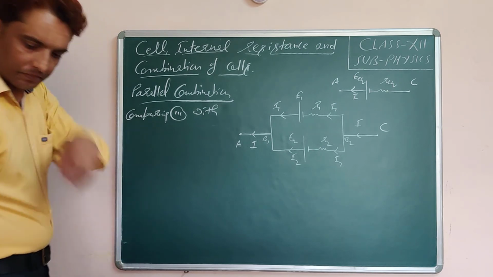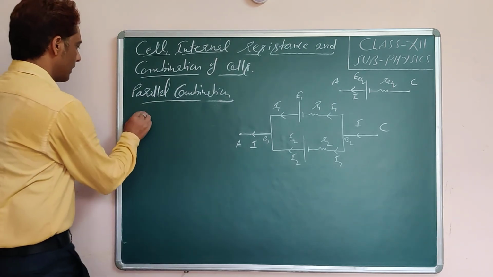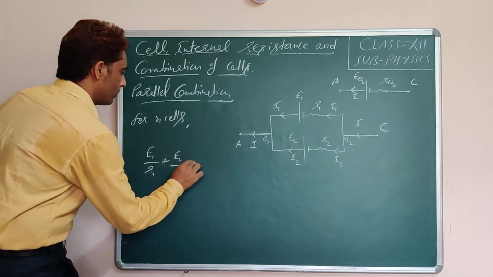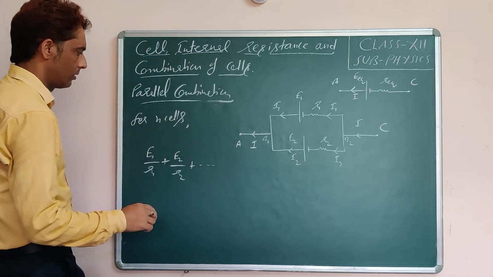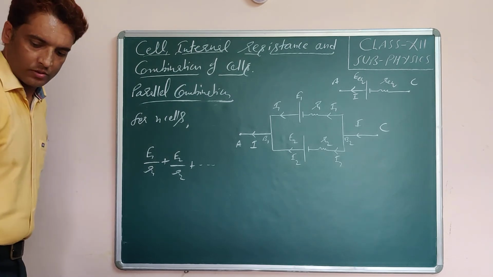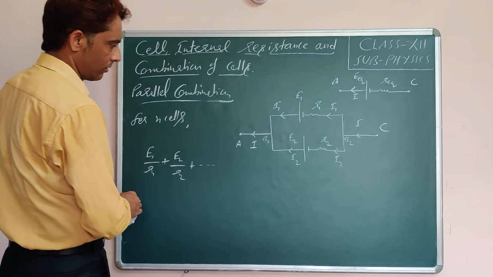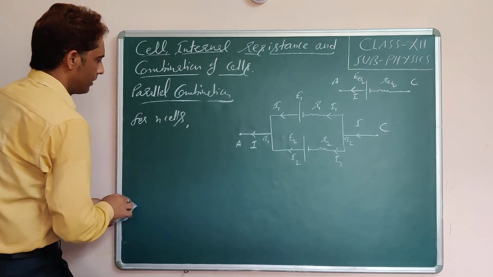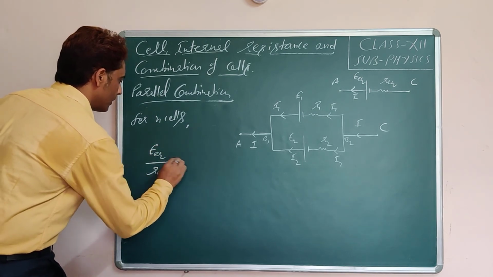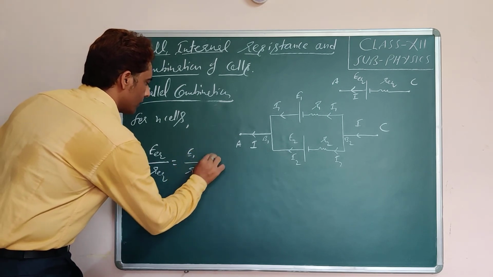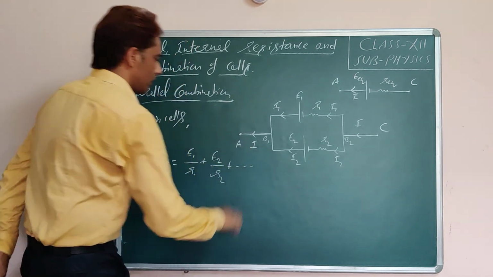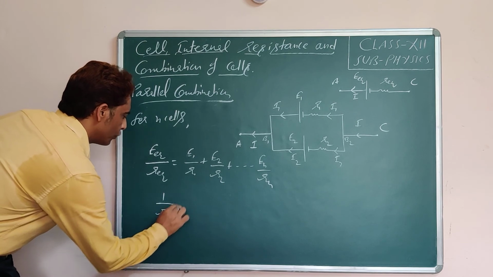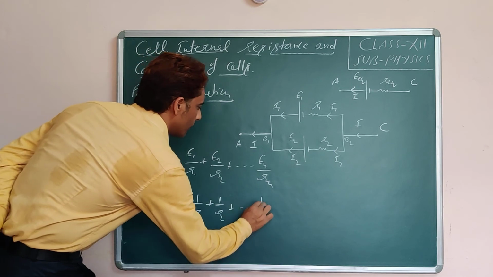So for n cells, E equivalent over R equivalent is equal to E1 over R1 plus E2 over R2 plus so on up to the nth term En over Rn, and here 1 over R equivalent is equal to 1 by R1 plus 1 by R2 plus so on up to 1 over Rn.